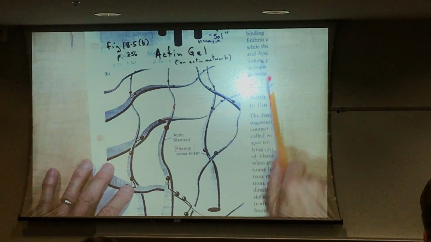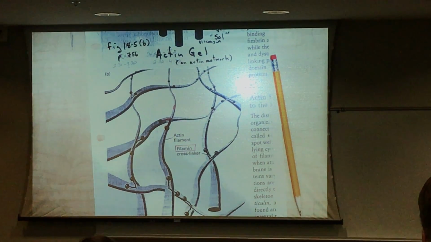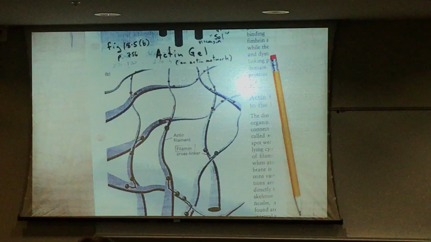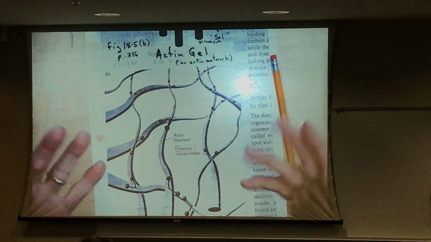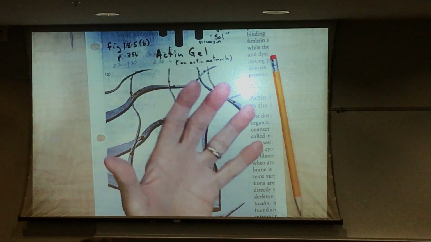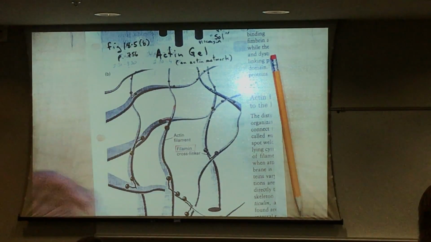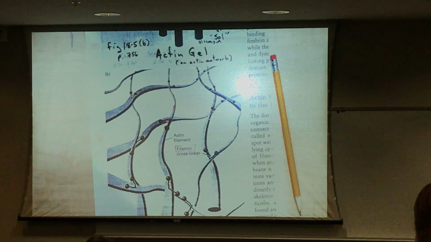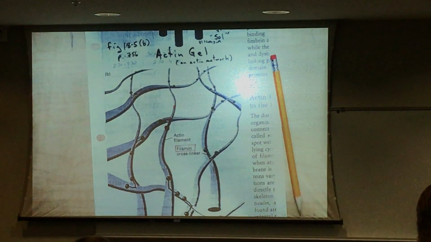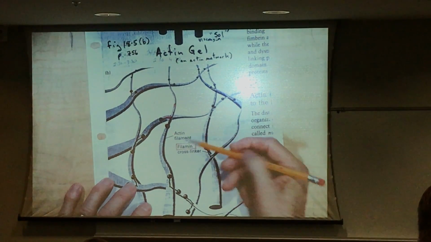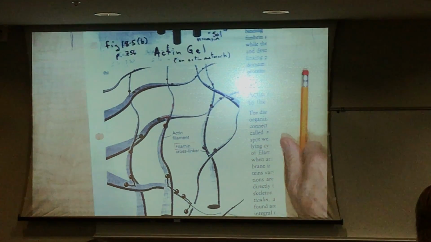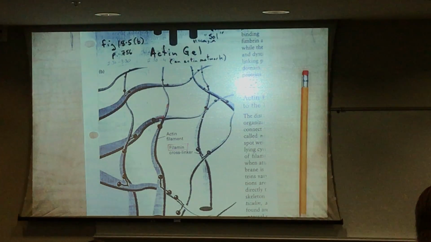Now, there's a difference between a viscous solution versus what physicians call a gel. Certain viscous solutions can be so viscous that they are almost gel-like. But we make a distinction between a viscous solution and a gel, and the distinction is the cross-linking of the filaments. In the laboratory, you have made polyacrylamide gels.